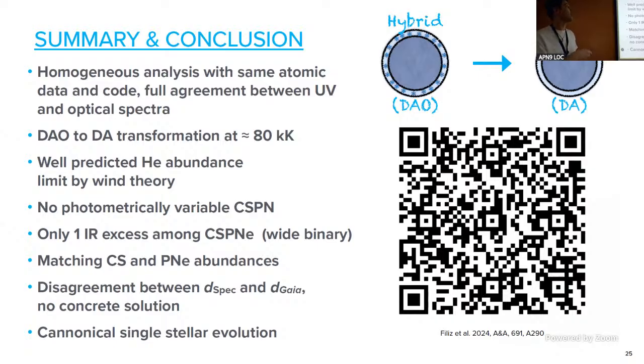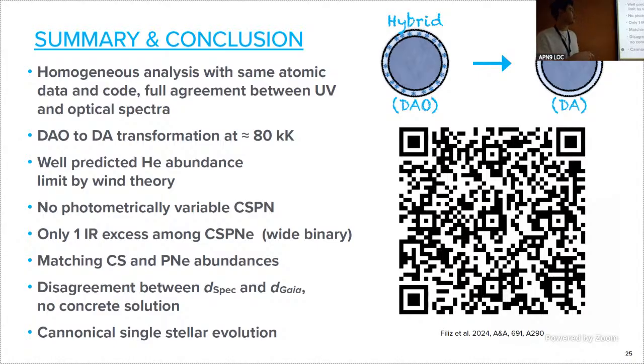The helium abundances were really well predicted by the wind theories when we saw the separation in the Teff-log g diagram. We did not find any photometrically variable central stars. There is only one infrared excess among the central stars, which is a wide binary.